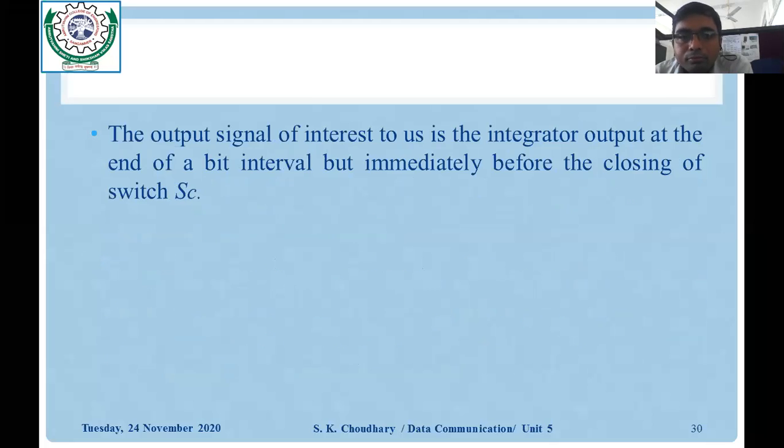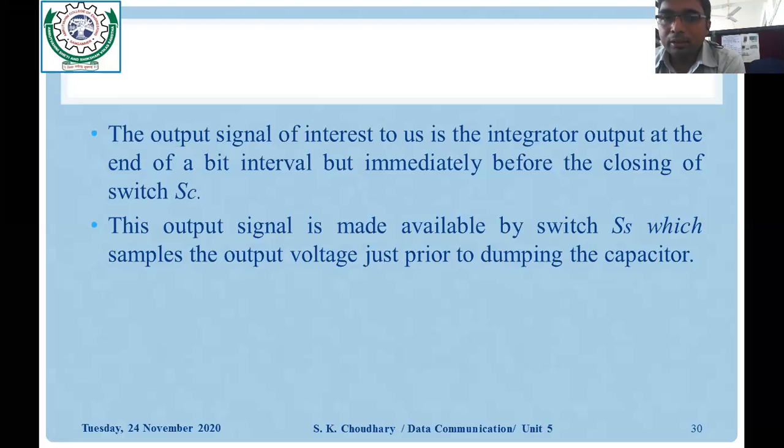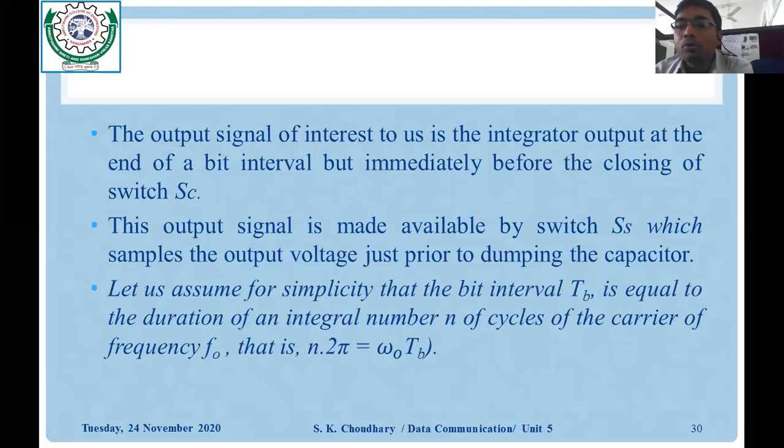So the output of the signal of interest is here, the output of the integrator, and that output would be derived at the end of every bit interval, but immediately before the closing of the switch SC. So the output is made available by the switch SS, which samples the output voltage just prior to the dumping of the capacitor.